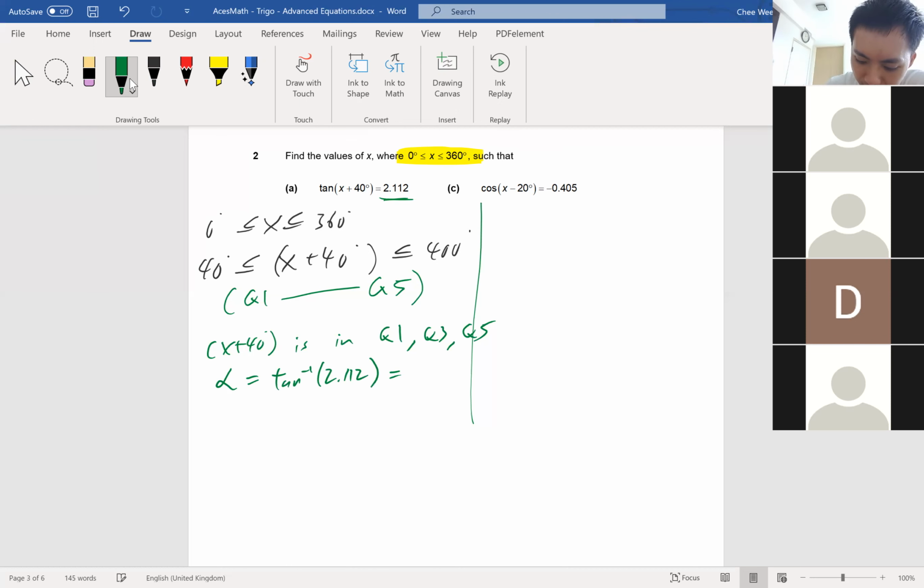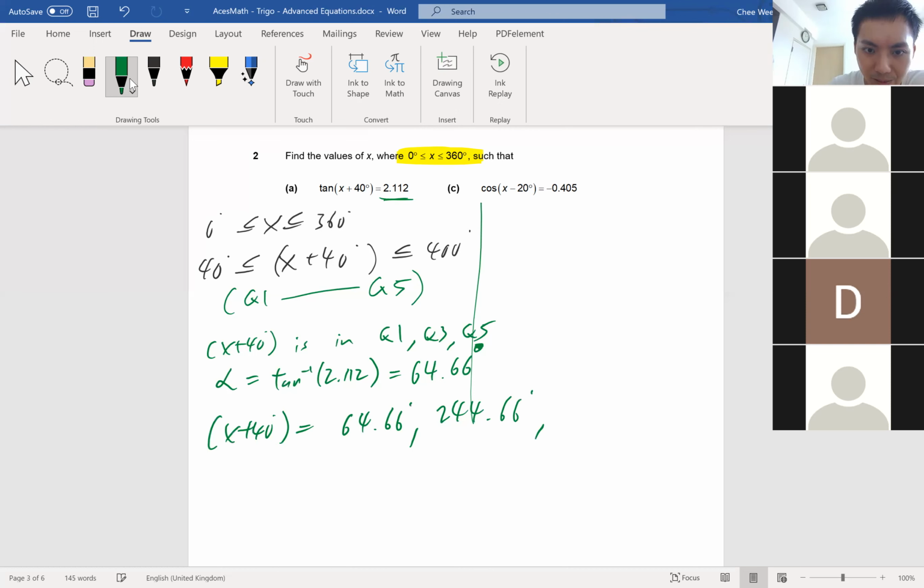So in this case, I will evaluate it out for you. It's 64.66 degrees, which means that x plus 40 degrees is 64.66.